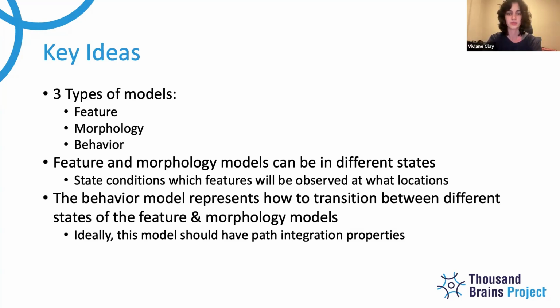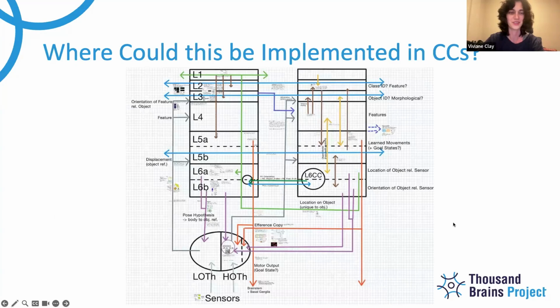I guess that can bring me to the next part, how this might be implemented in the cortical column, and then we can see about how that matches. So I took all of these requirements and constraints, and I have this big overview that I've worked on over the past years, where I just draw all the anatomical connections that have been found.